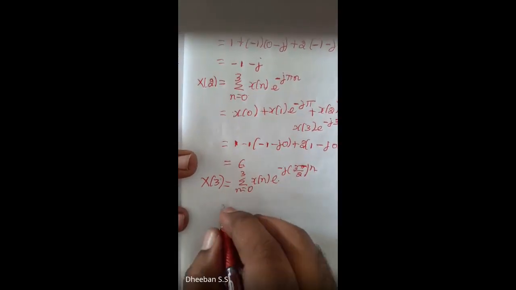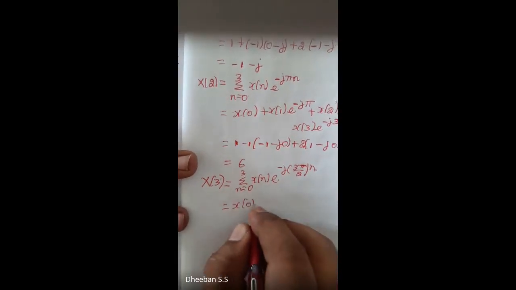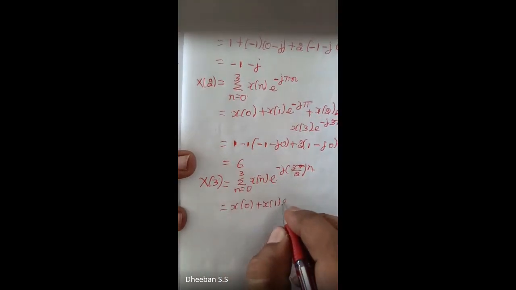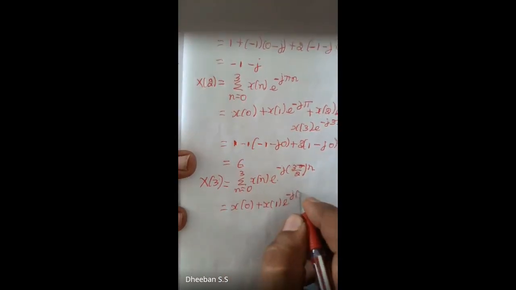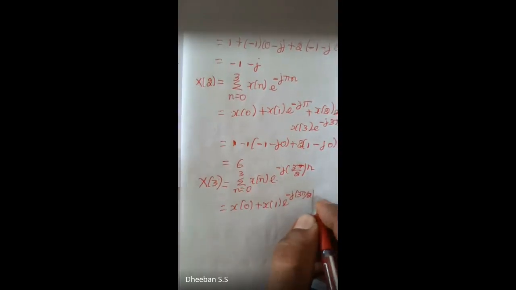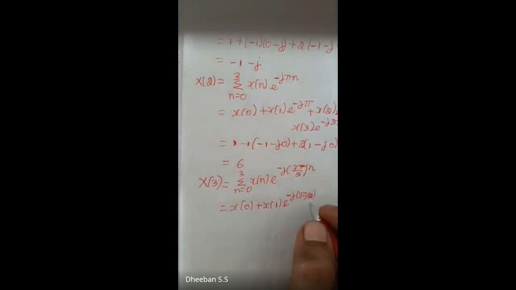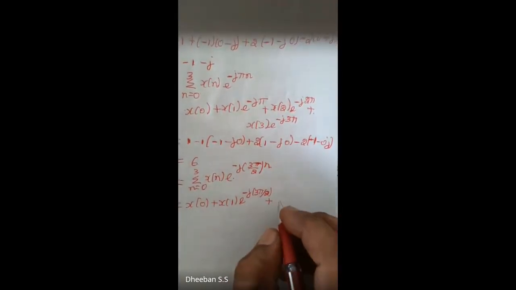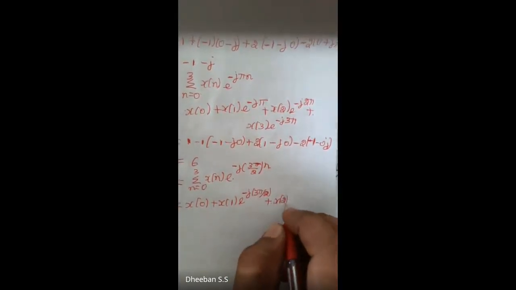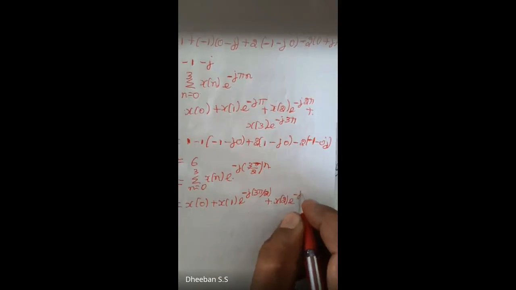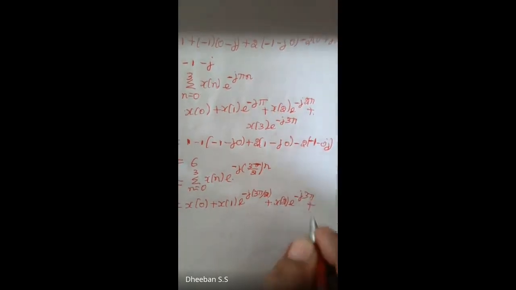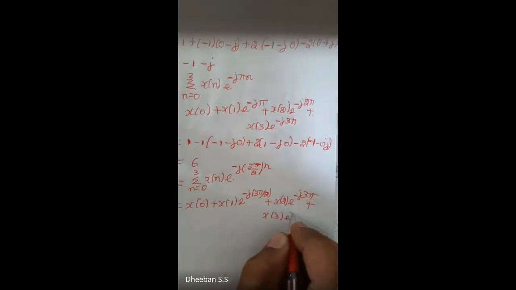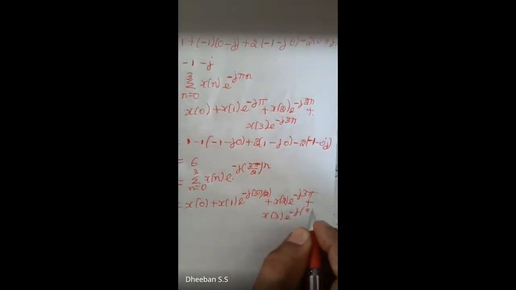So this value becomes x of 0, plus x of 1 e power minus j 3 pi by 2, plus x of 2 e power minus j 3 pi, plus x of 3 e power minus j 9 pi by 2.